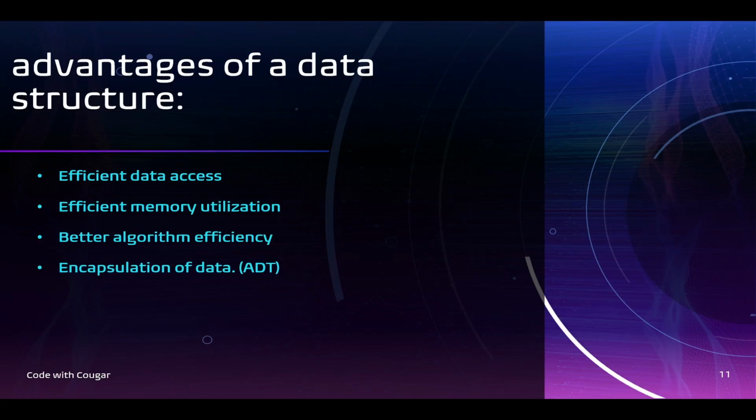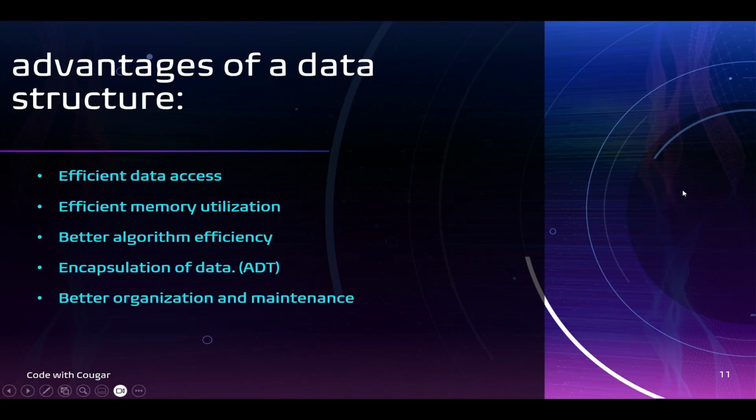Data structures allow us to encapsulate data and operations on data into a single entity. For example, we can use a class to represent a data structure like a stack or queue, and we can encapsulate the data and operations on that stack or queue under a single entity called a class.